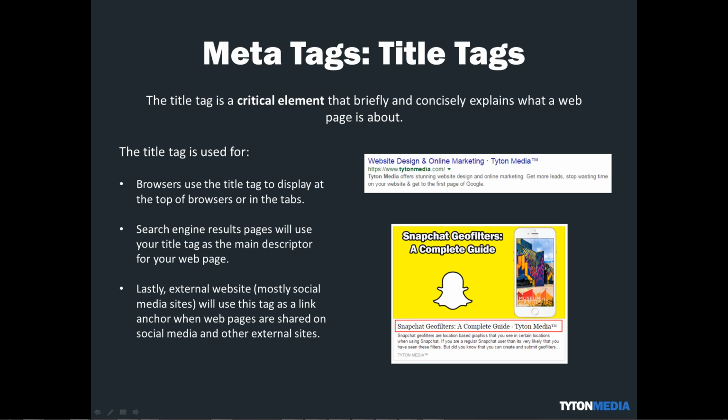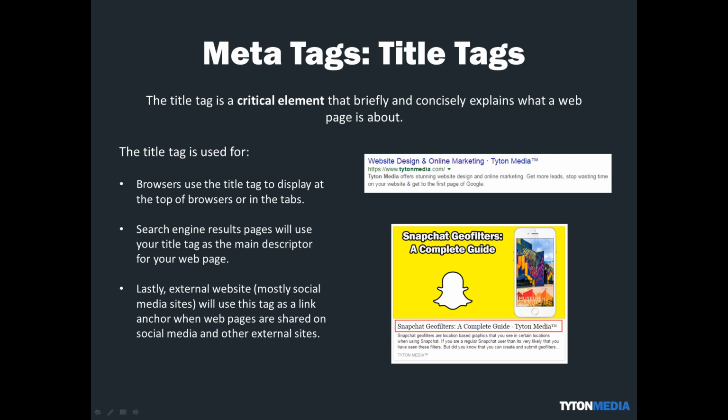So the important things to remember about title tags is that every single web page should have a unique title tag that's different than any other page. They should be between 50 and 60 characters in length. And the best format is to have your primary keyword, a dash, your secondary keyword, a dash, and then your brand name.